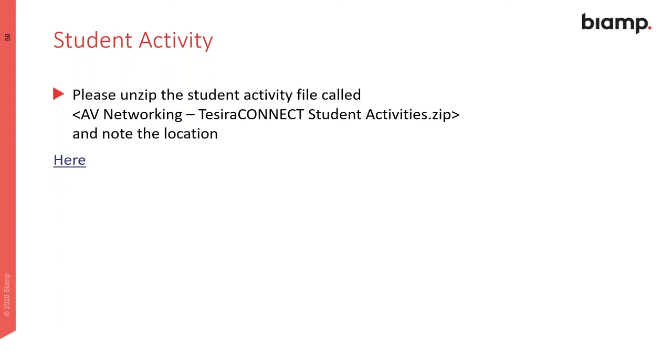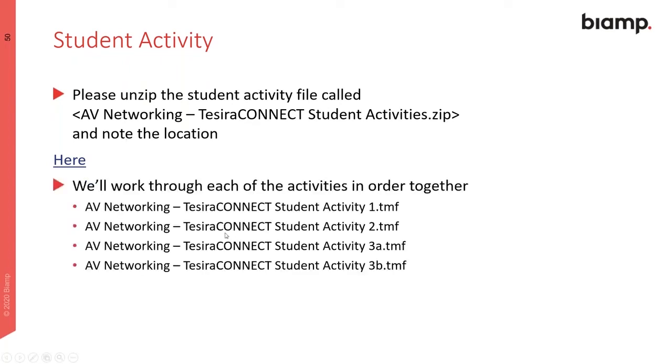And please, once you do it, just raise your hand. Just click on this link. It will download a file. You will find a bunch of files like these: student activity 1 and 2 and 3A and 3B.